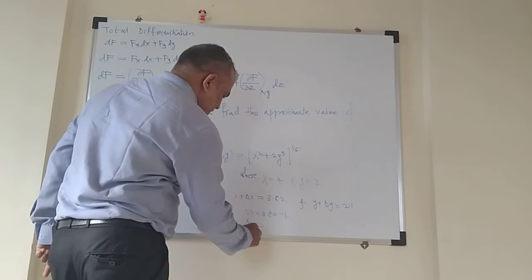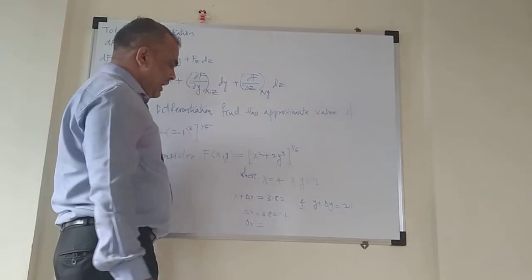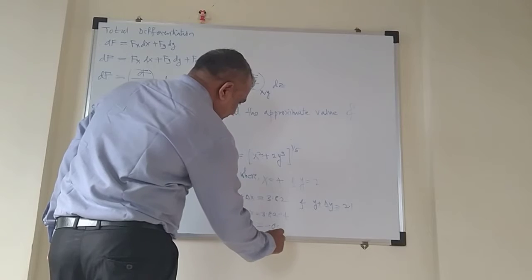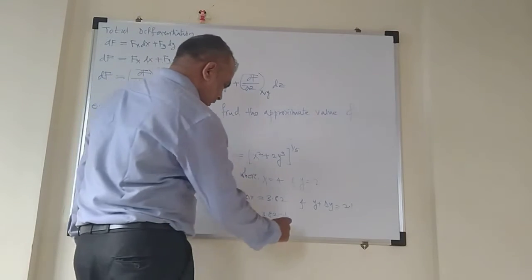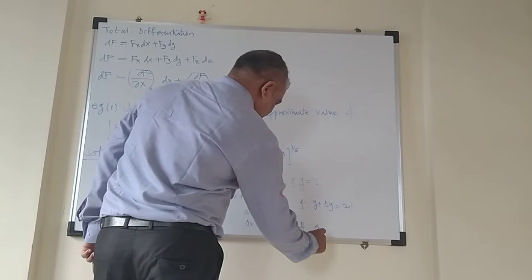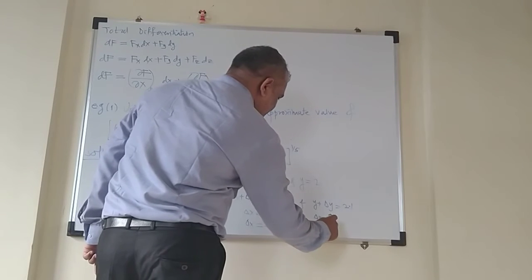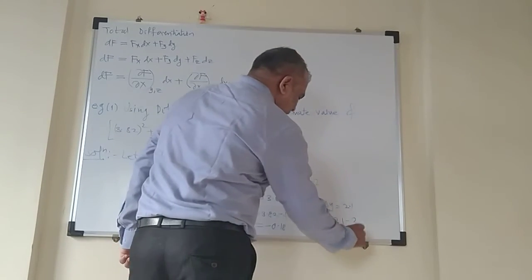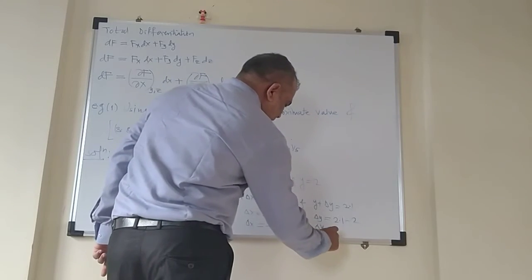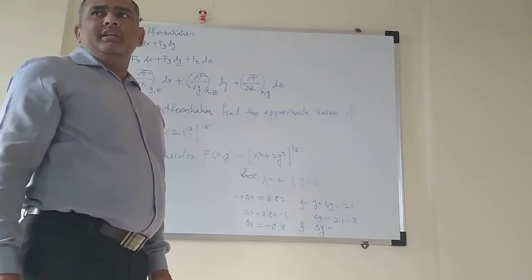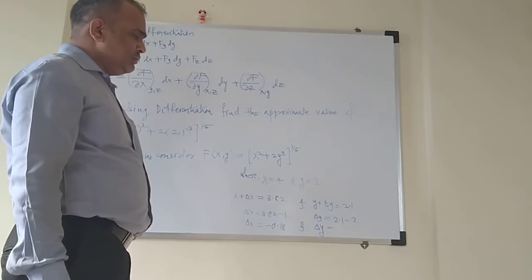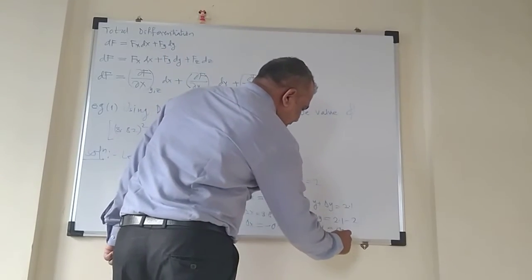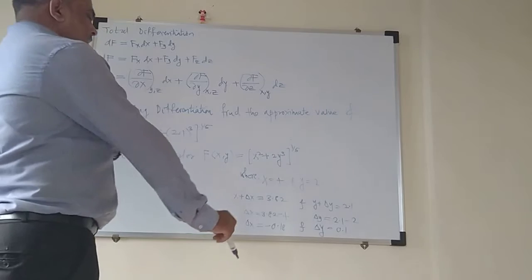If you do this subtraction, 3.82 minus 4, that will be approximately minus 0.18, isn't it? Similarly, delta y is 2.1 minus y, whereas the value of y is 2, and this subtraction gives the small change in variable y, that is delta y equals 2.1 minus 2, which is positive 0.1, isn't it?